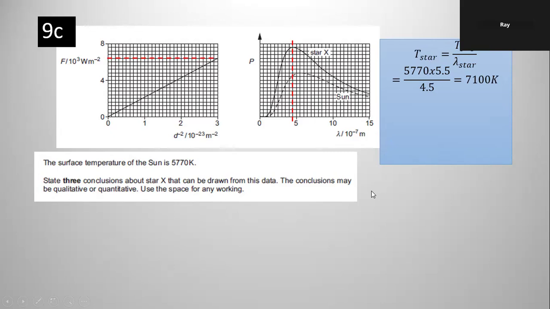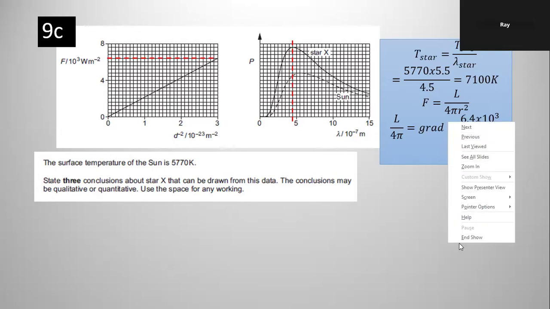And know how to calculate: the gradient, flux intensity equals gradient. This is your F, this is your d. We change to d rather than r.